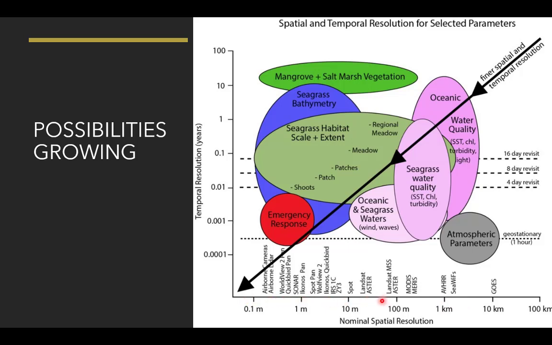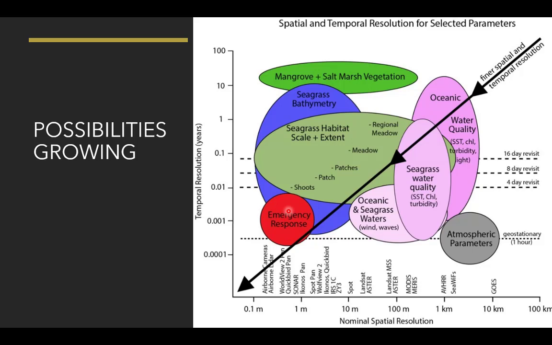Remember, this is higher spatial resolution, this is lower, and this is lower temporal resolution, and this is higher temporal resolution. So depending on what the need is, we need different kinds of tools and sensors to carry out those operations.